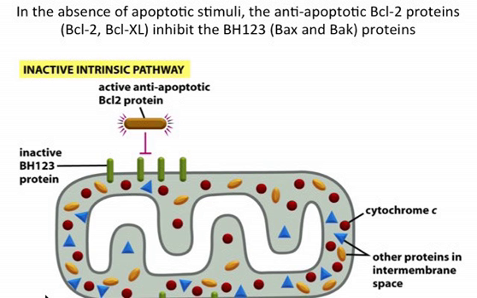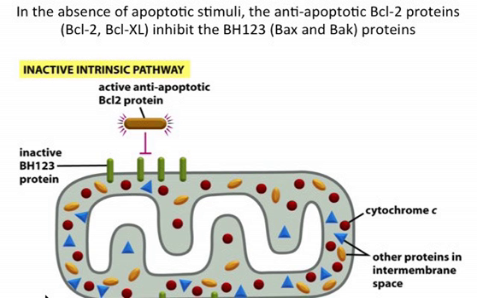Okay, so if there's no apoptotic stimuli such as DNA damage or drugs, then there are these anti-apoptotic BCL2 proteins, and they will inhibit the BH123 proteins. So they actually prevent the oligomerization of those proteins, so you don't have cytochrome C release.